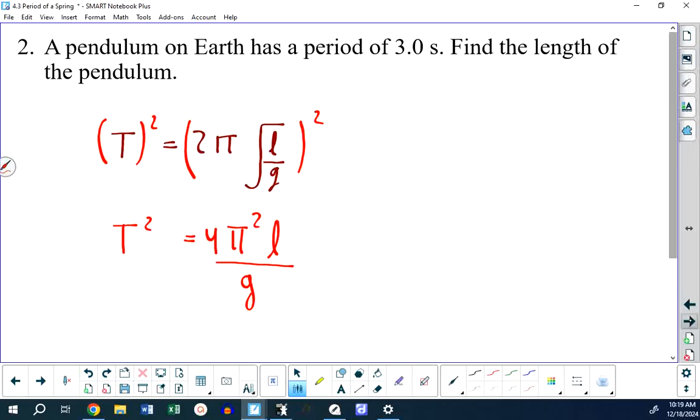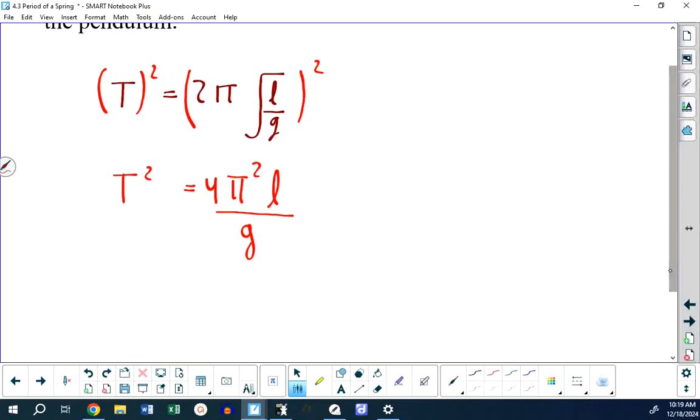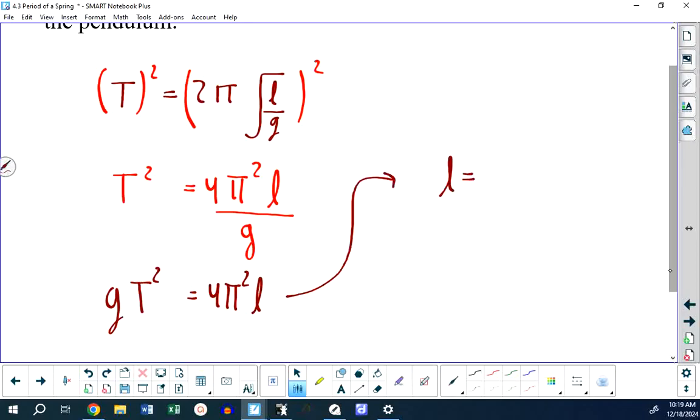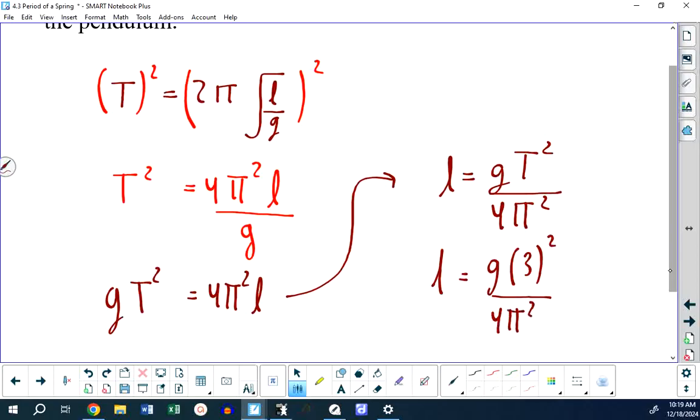When I square 2, I get 4. When I square pi, I get pi squared. When I square a square root, I get what's under the square root. Cross multiplying gives me g t squared equals 4 pi squared L, which means L will be equal to g t squared over 4 pi squared. We all know the value of g, right? 9.81.